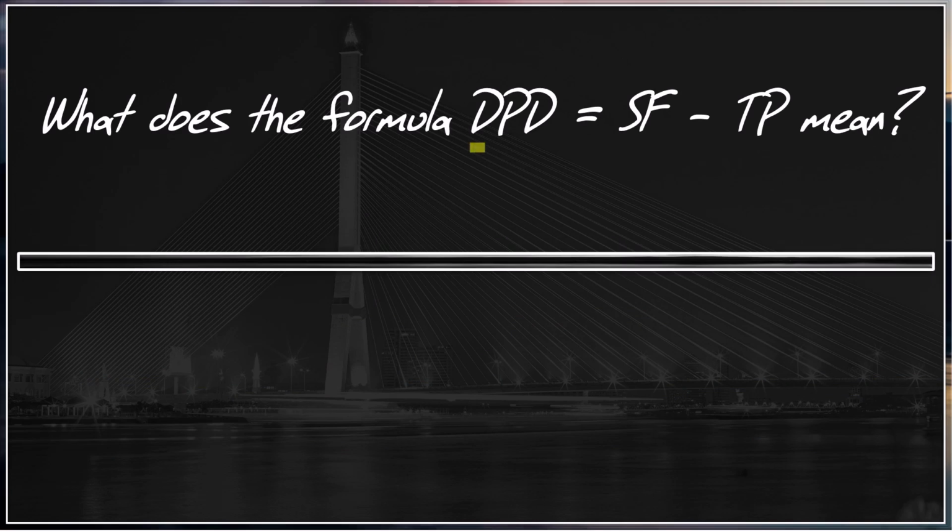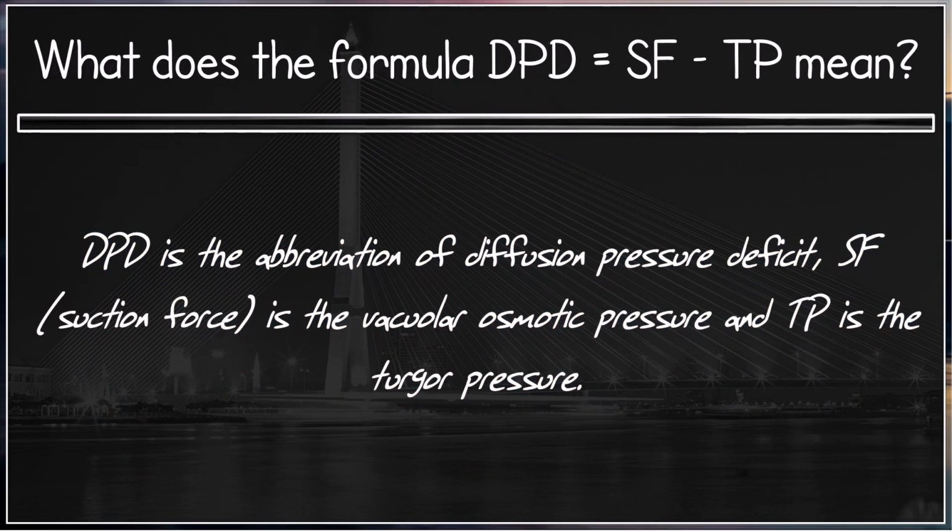What does the formula DPD equals SF minus TP mean? DPD is an abbreviation for diffusion pressure deficit.